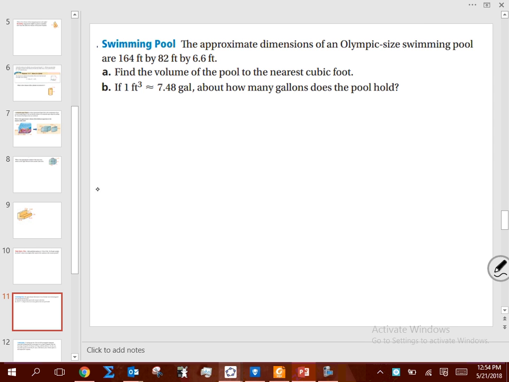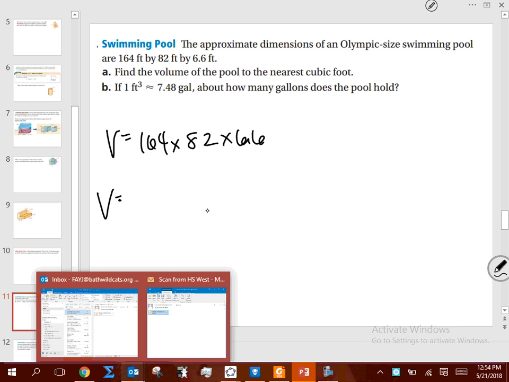So if I find the volume of this prism, it'd be 164 times 82 times 6.6, right? So the volume is 7,576.8. Okay, so that's cubic feet.